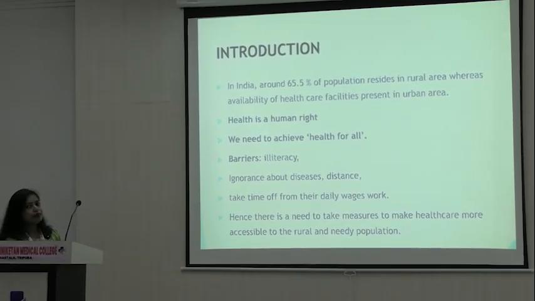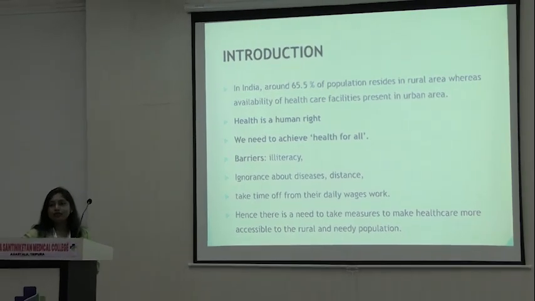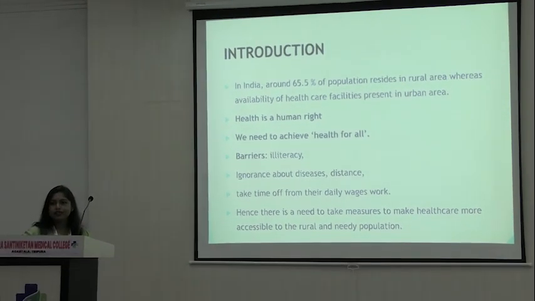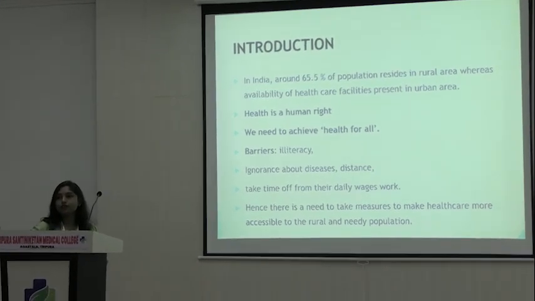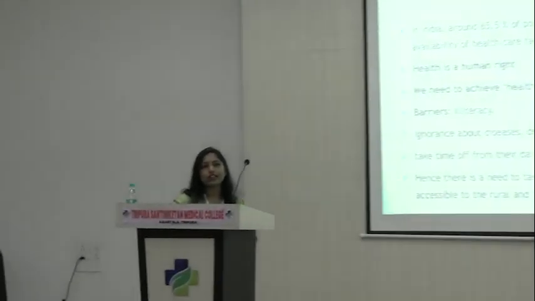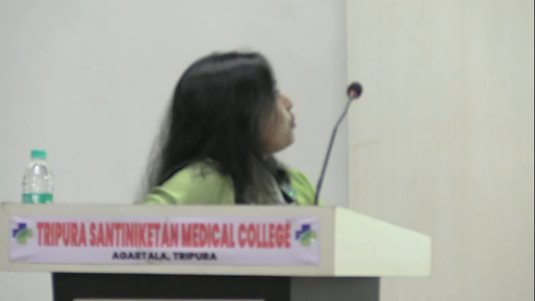Here, health for all was accepted by all developed and developing countries in the world, and they decided to achieve the goal by the year 2000. Okay. So, health is a human right. So, we needed to achieve health for all.